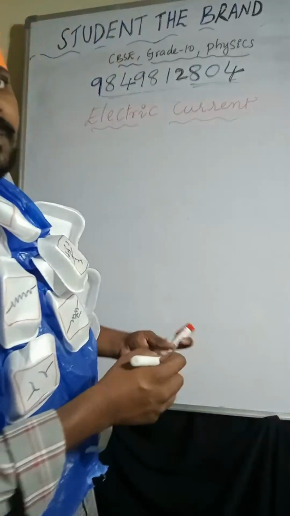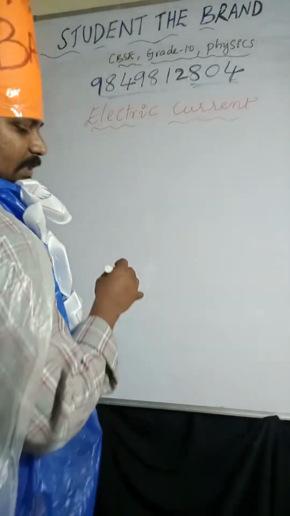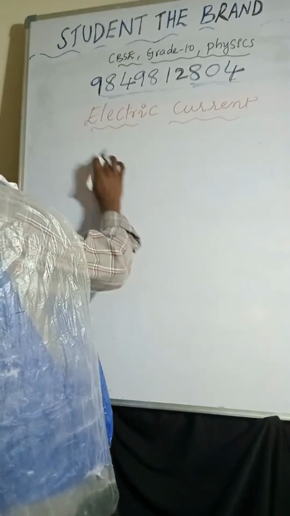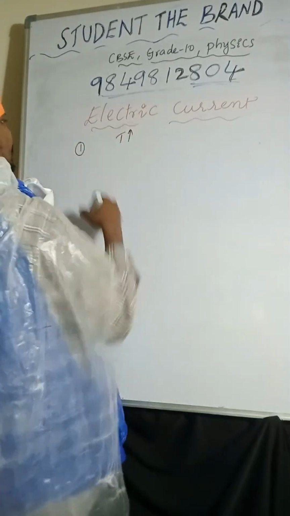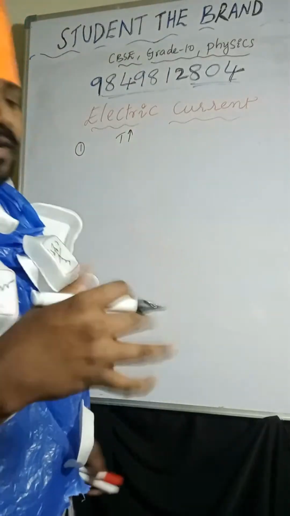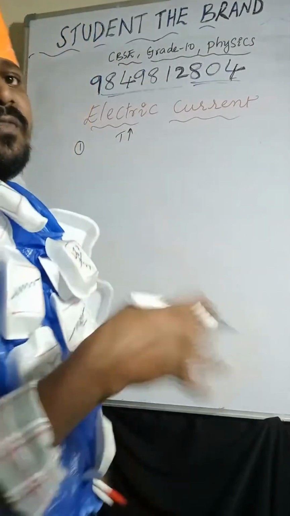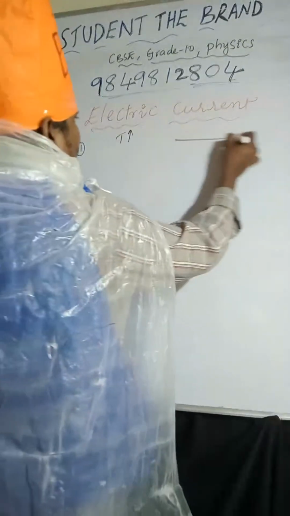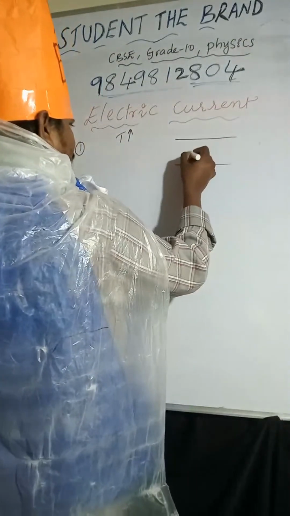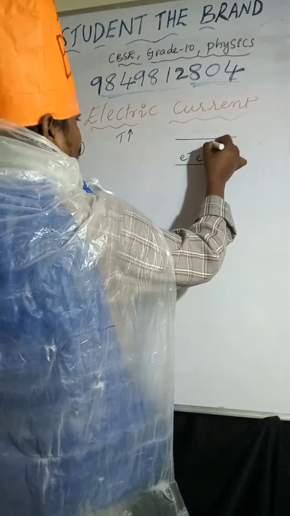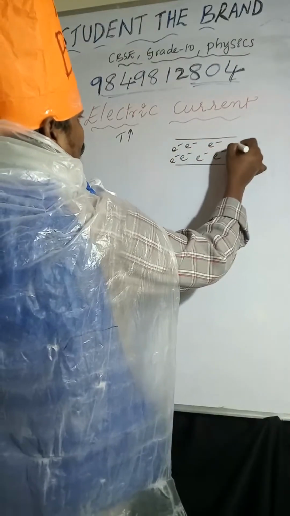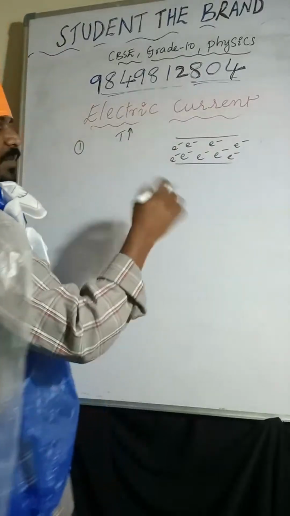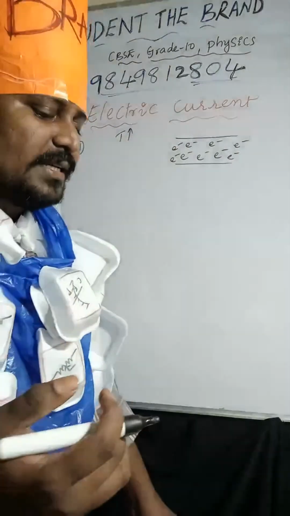Now we'll discuss. Normally, when temperature increases, the number of free electrons in the conductor increases, so the movement of the electrons also increases.